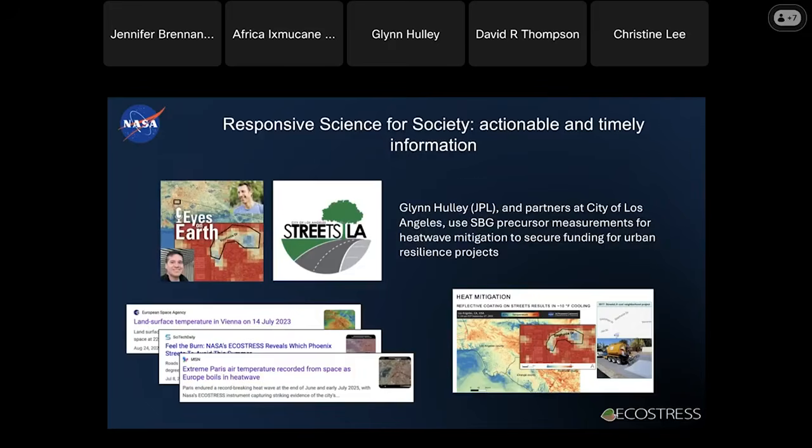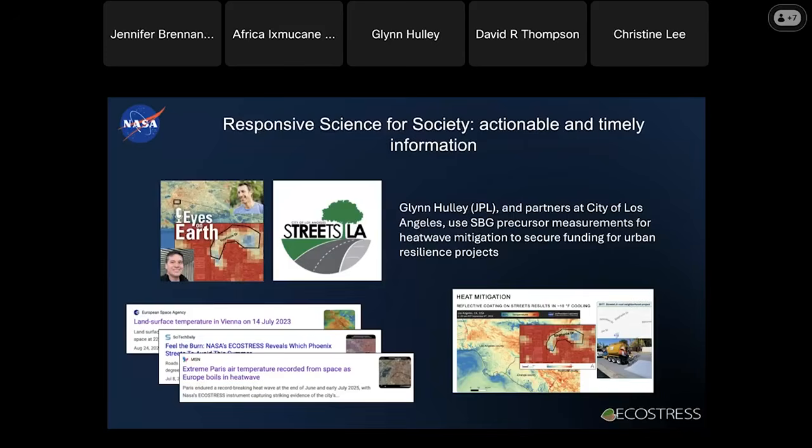And then next, I wanted to provide a little bit more information on how we have been providing products that are actionable and timely for Urban Heat Island first. And so in this first example, I wanted to highlight work that Glenn Hulley, whom you will hear from shortly, has been doing with partners at the City of LA to utilize ECOSTRESS data for heat wave mitigation projects and to secure funding for urban resilience projects.